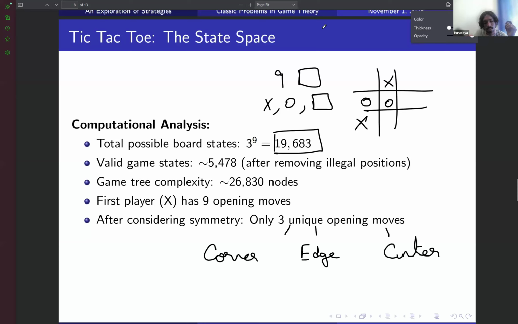Yes, sir, there is still a chance. Yeah, but what I'm saying is, as long as we find one position for O to get a guaranteed draw, it doesn't matter what else options O has, right? Because all we want is for O to have a chance at drawing, right? Okay.